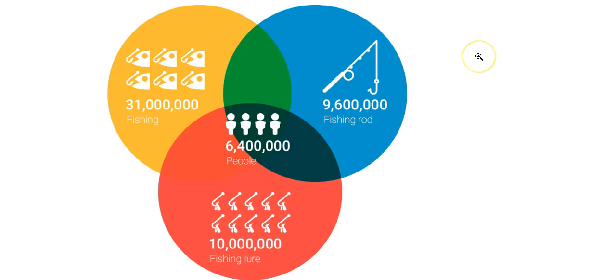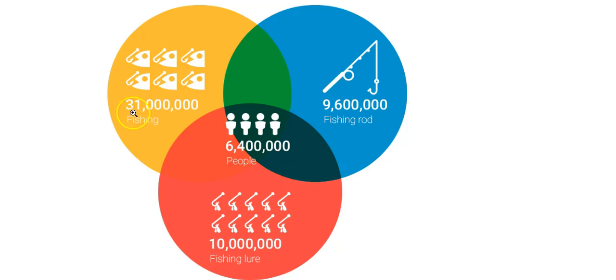And let's just say that we were going to target something in the fishing niche, right? So fishing, the big broad interest is 31 million. However, if we take fishing and fishing rod and fishing lure, which if you are a hardcore fisher, then you're going to also have other interests like fishing rod and fishing lure. When we flex target all these together, we go from a 31 million audience to a 6.4 million audience.